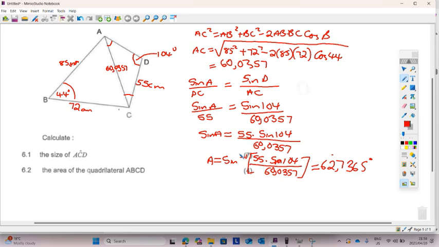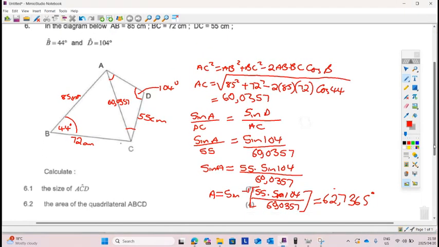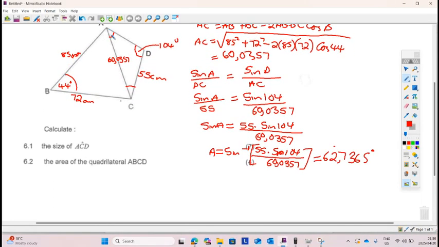We have angle A. We use what we have now to calculate what is needed. We have angle A, we have angle D, so we can calculate this angle ACD.